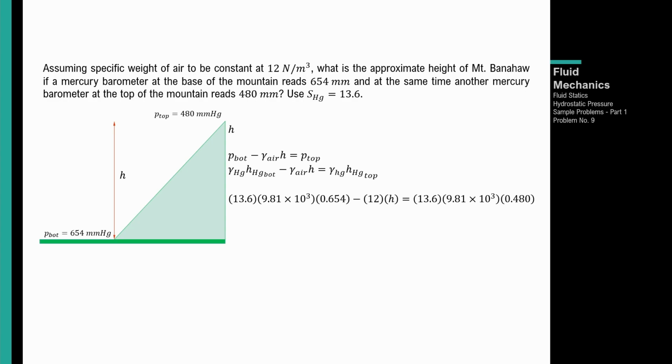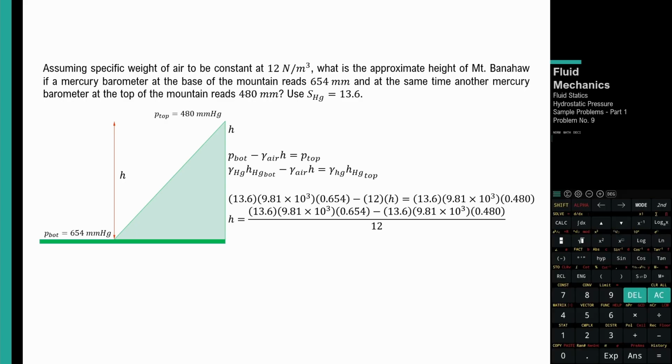And then equals at ganun din, so 13.6 times 9.81 times 10 raised to 3, tapos yung height ng mercury, so 0.480. So, millimeters, or the pressure head in terms of mercury ay 480 millimeters. So, subtract both sides ng 13.6, 9.81 times 10 raised to 3, tapos add both sides ng 12H, and then divide both sides sa 12.